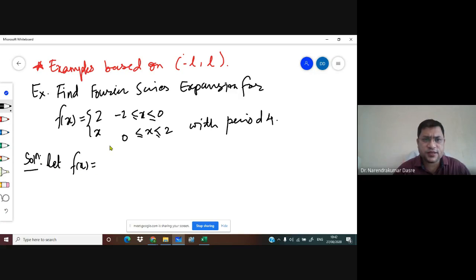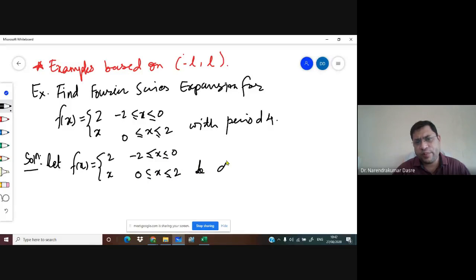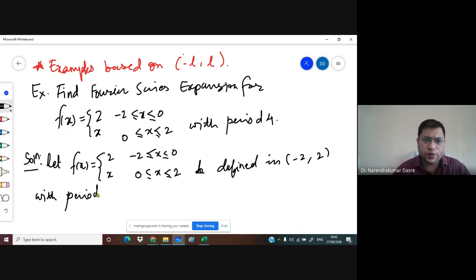So we go with the solution here, right? f of x is equal to 2 for minus 2 less than or equal to x less than or equal to 0, and x for 0 less than or equal to x less than or equal to 2. We find this in the interval minus 2 to 2 with period 4.